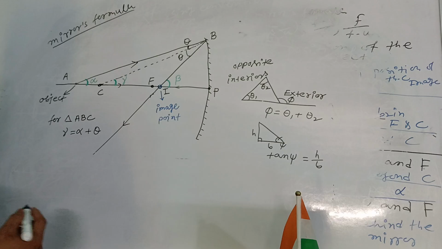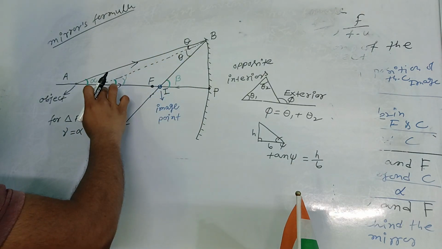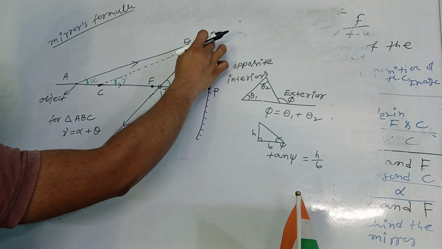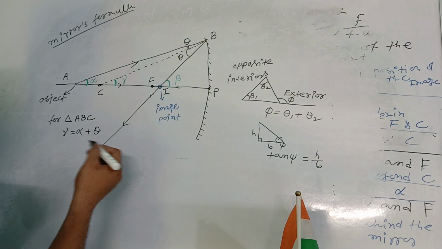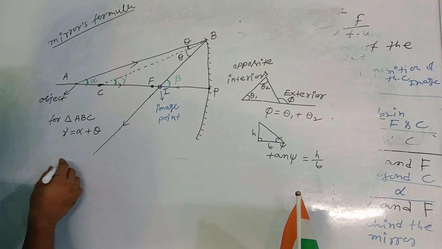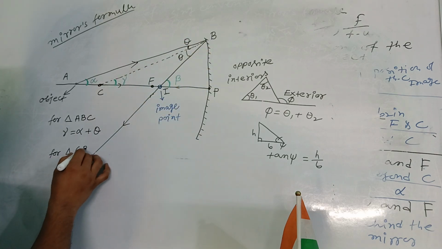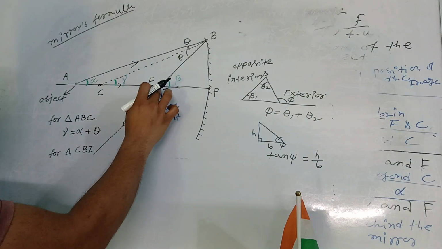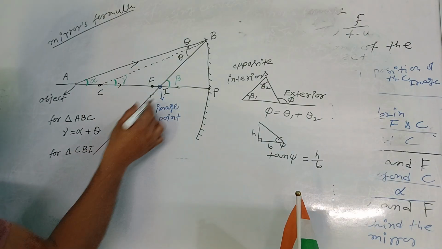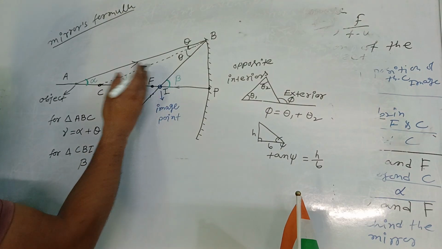Now if I take another triangle, CBI, for triangle CBI, we can write beta, the exterior, is equal to the sum of interiors.